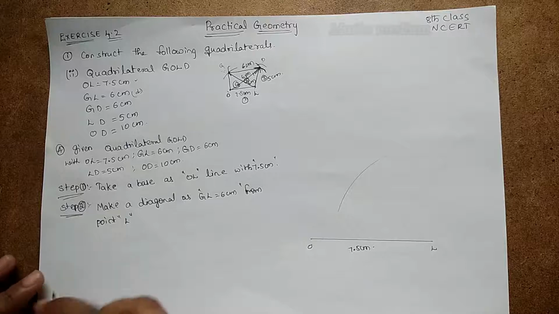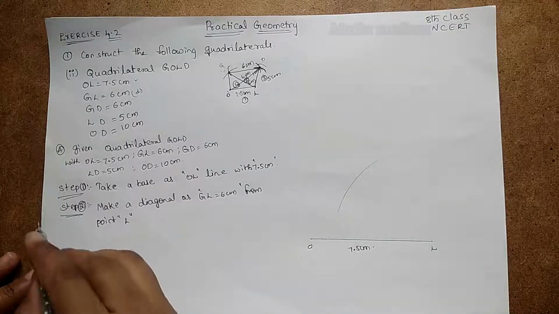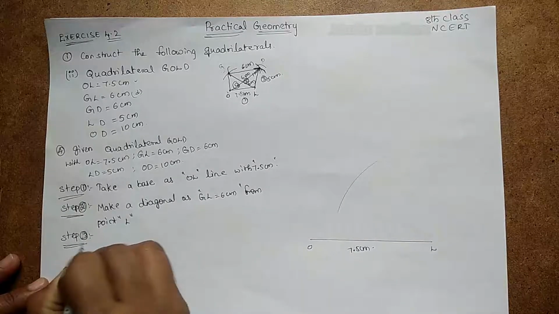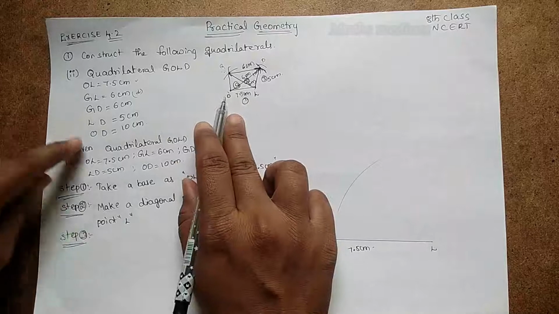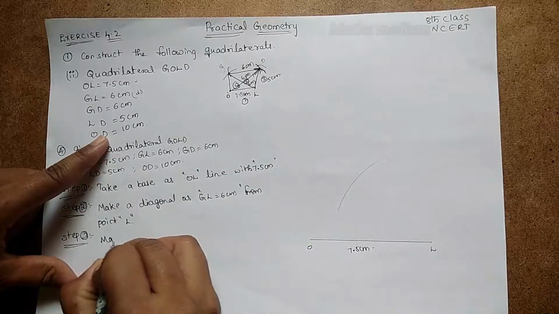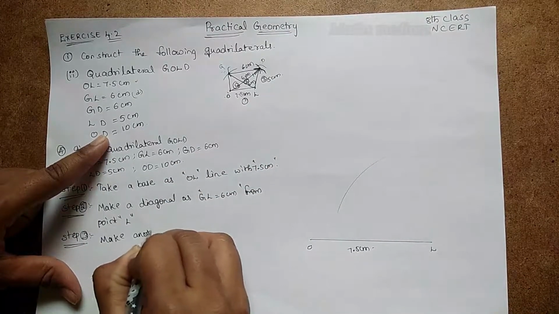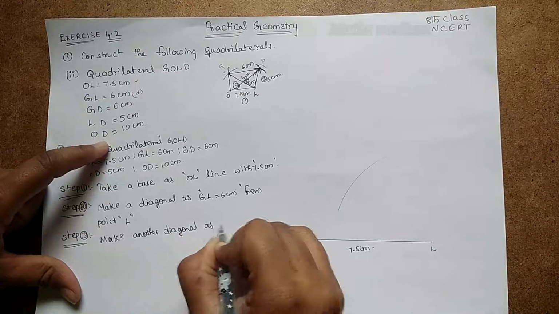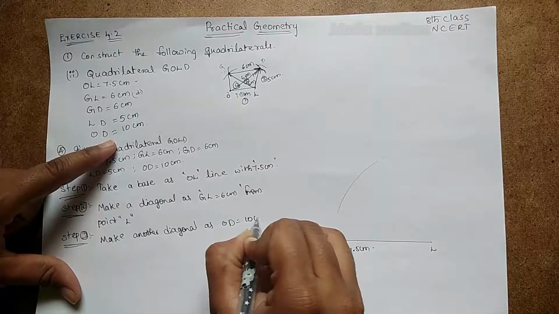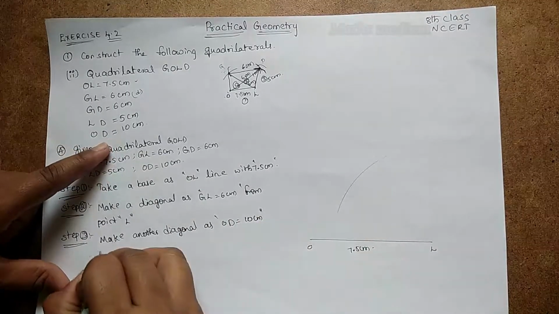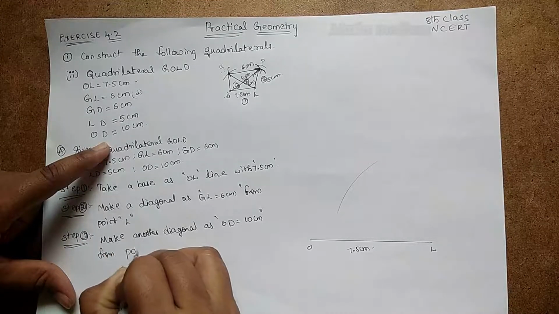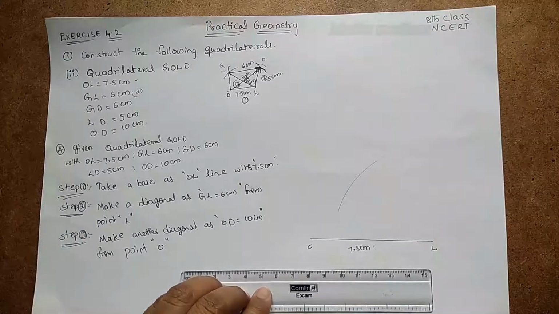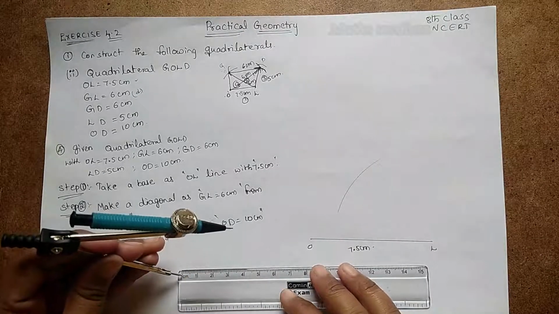Next, step 3. Step 3 is to make another diagonal from O, that is OD. Make another diagonal as OD is equal to 10 centimeters from point O. So take the scale and measure 10 centimeters.